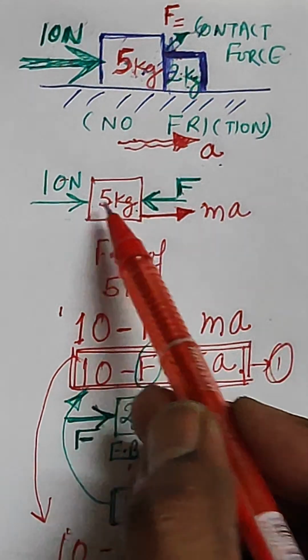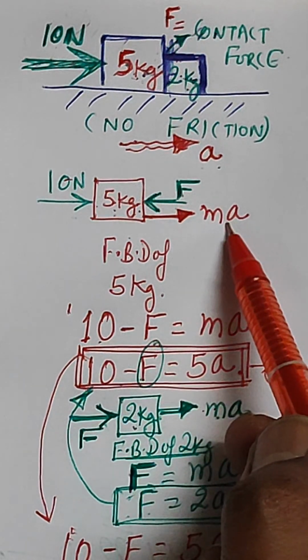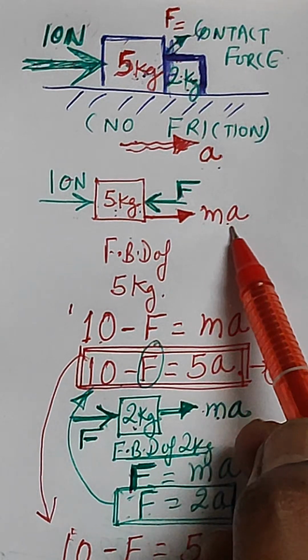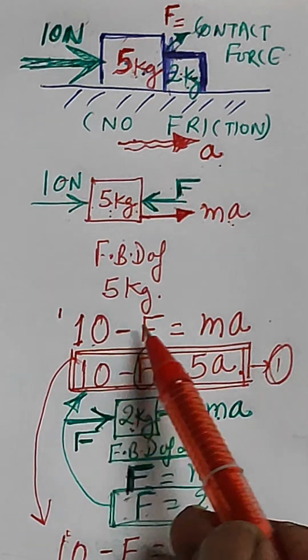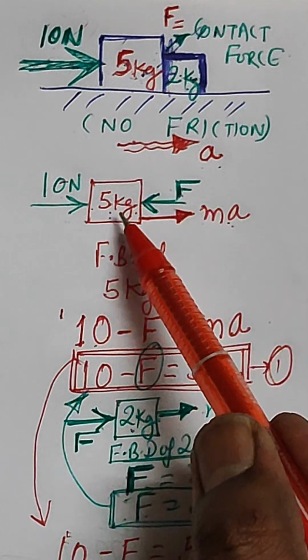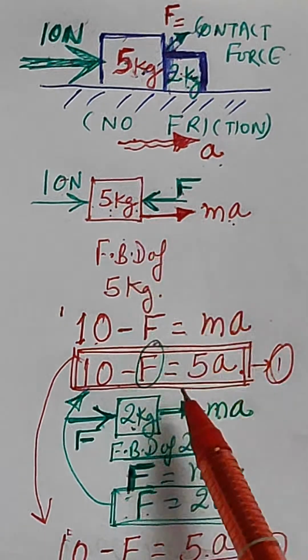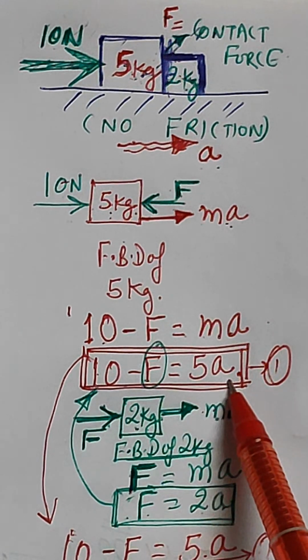Now what we did, this ma will be considered, right? This is the resultant force. Now 10 minus F will be equal to ma. From the free body diagram of the first body, we concluded this equation number 1.